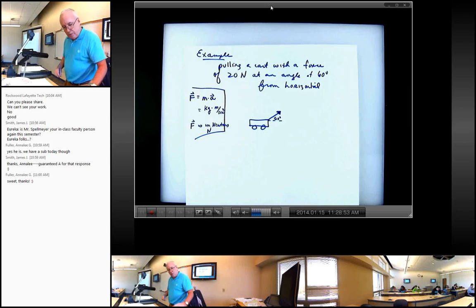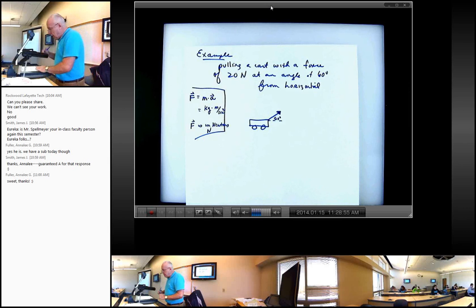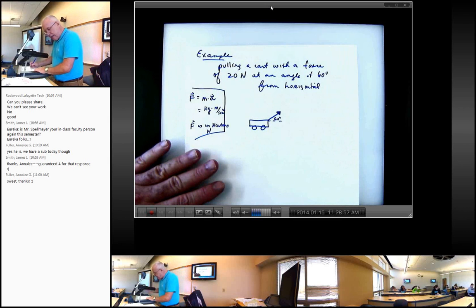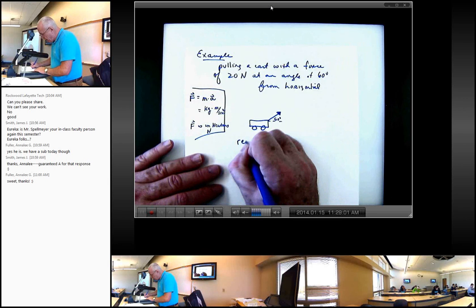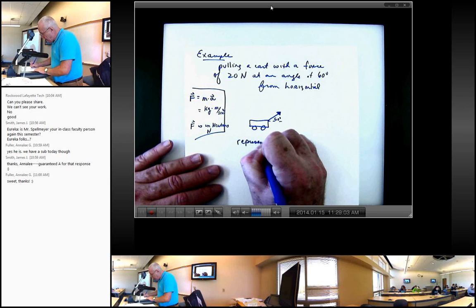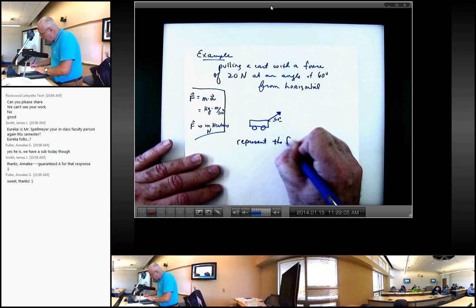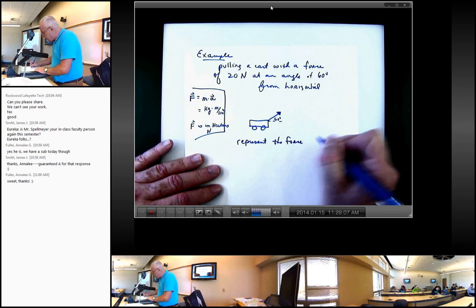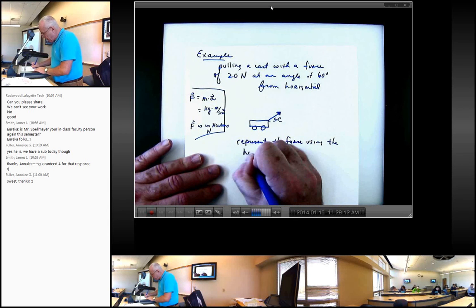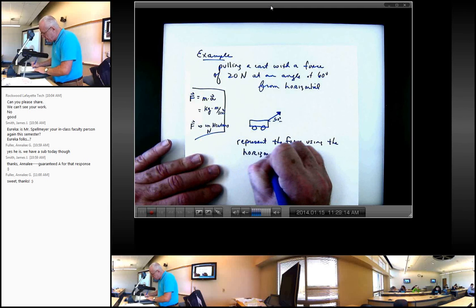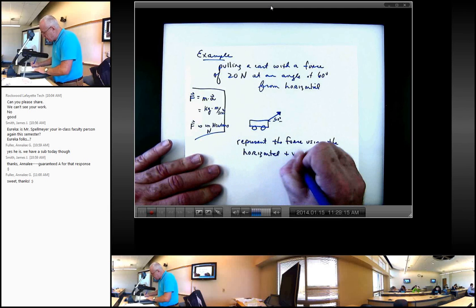Basically, what we want to do here is represent the force using the horizontal and vertical components.